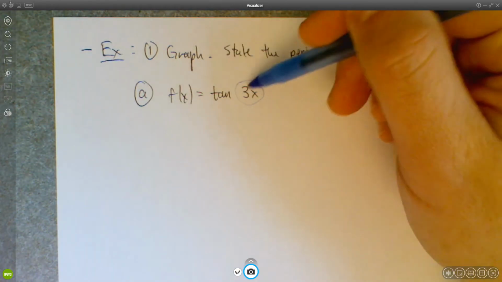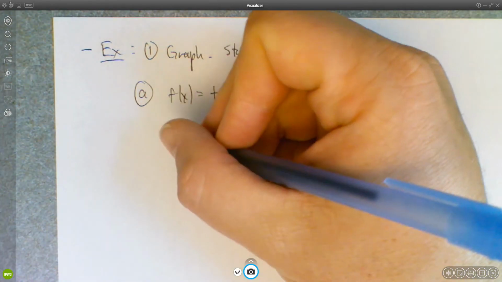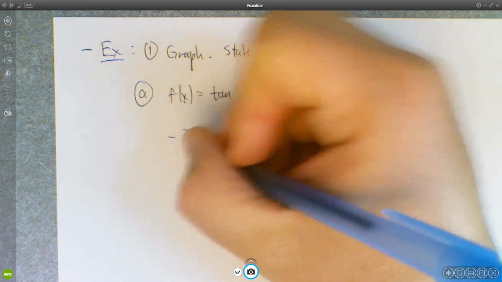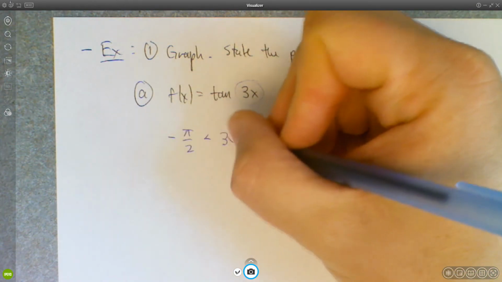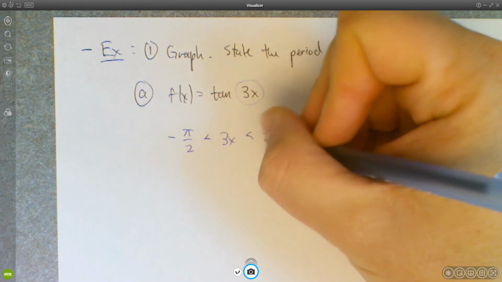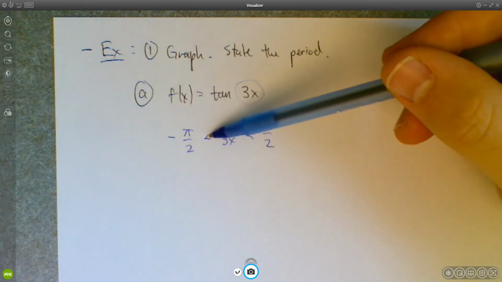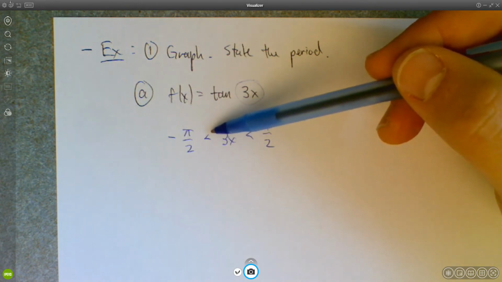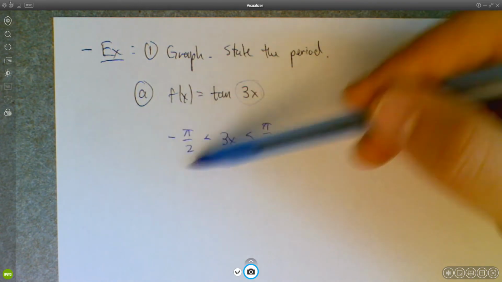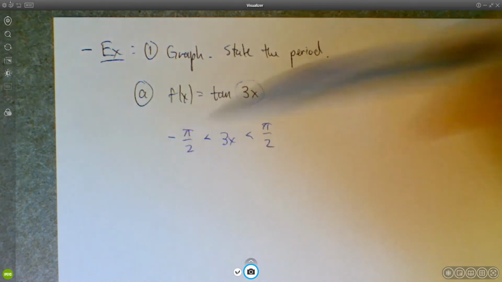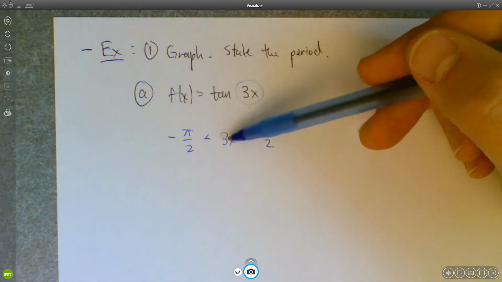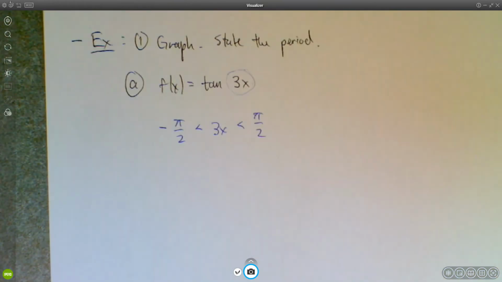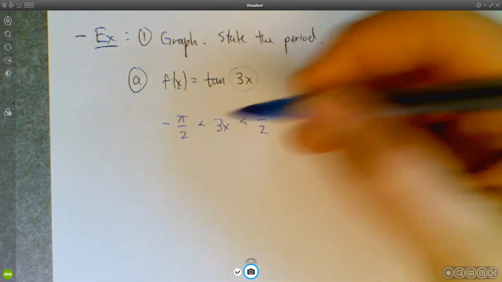So we're not going to place this between 0 and 2 pi. We're going to place it between negative pi over 2 and pi over 2. And this time I'm just using strict inequalities rather than inclusive ones because the tangent function is undefined when x equals negative pi over 2, or in this case, when 3x equals negative pi over 2.